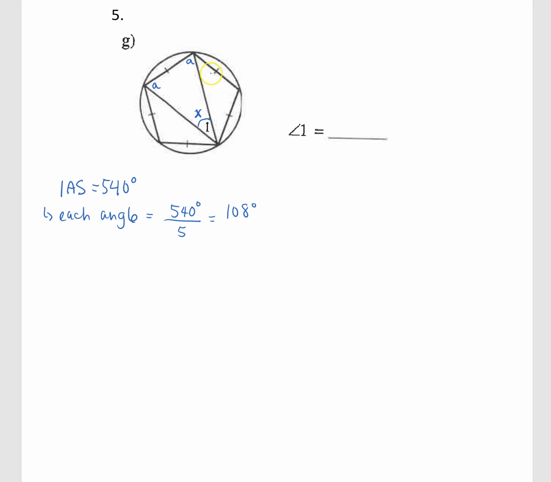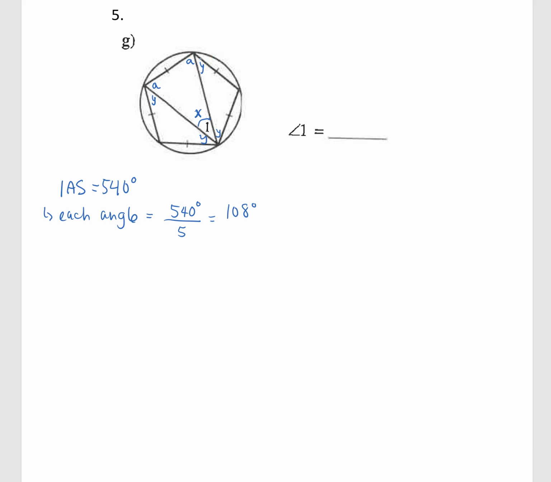If we look at the other two triangles when we split up the pentagon this way, these two sides are equal, which means that these angles are also equal. I'm going to call those y. And the same on this side, these are also equal to y, because of the symmetry of this pentagon. Knowing that each angle is 108 degrees, we can come up with some equations.